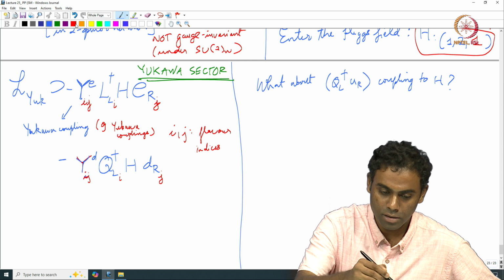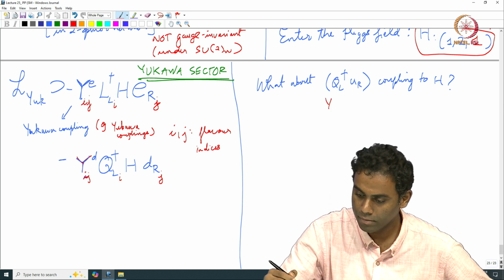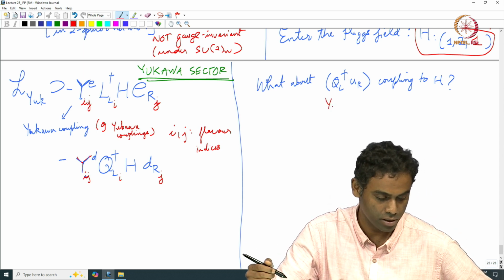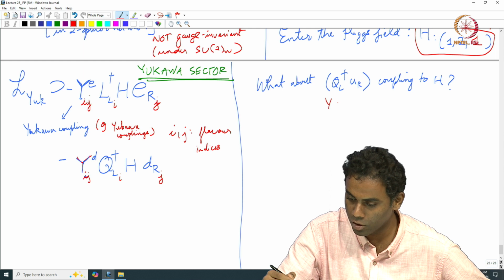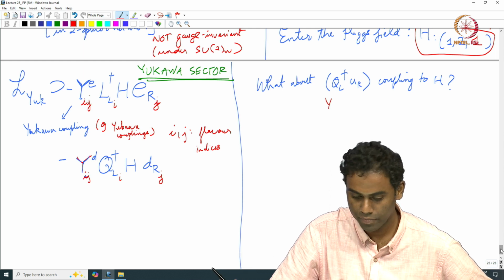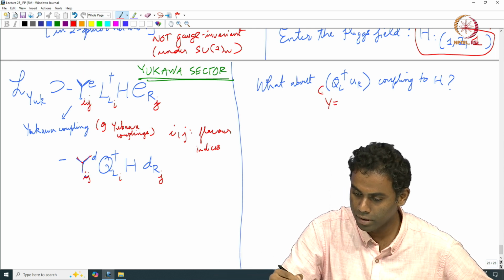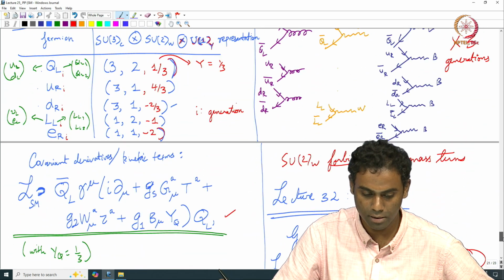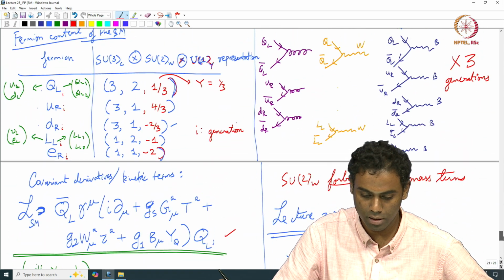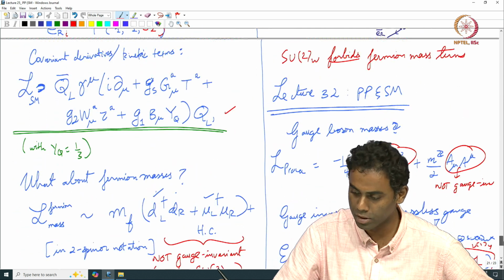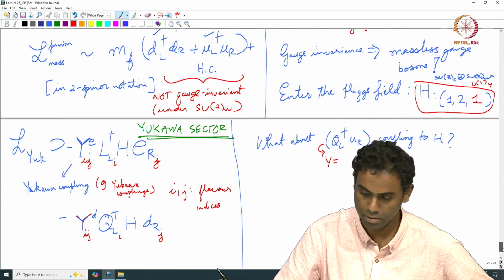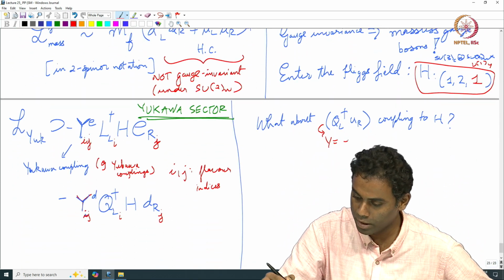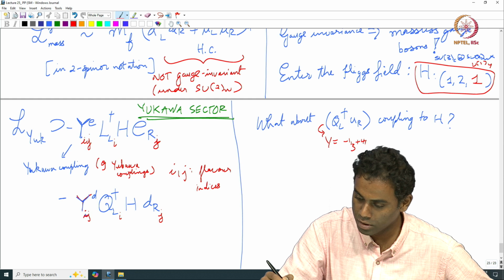The problem here is, look at the hypercharge, right? So the total hypercharge of this object is what? For QL, or at least for QL dagger, it was minus 1/3, and for UR it was 4/3, right? So minus 1/3 plus 4/3, what is that?